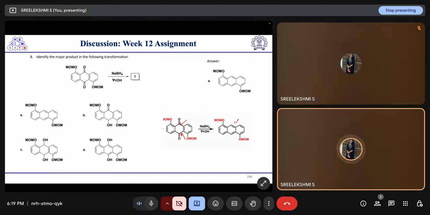So here the NaBH4 will reduce both of these ketones, and they will be converted into the corresponding alcohols. Then it will be eliminated so that we will be getting an aromatized compound. And so the correct answer would be option A.